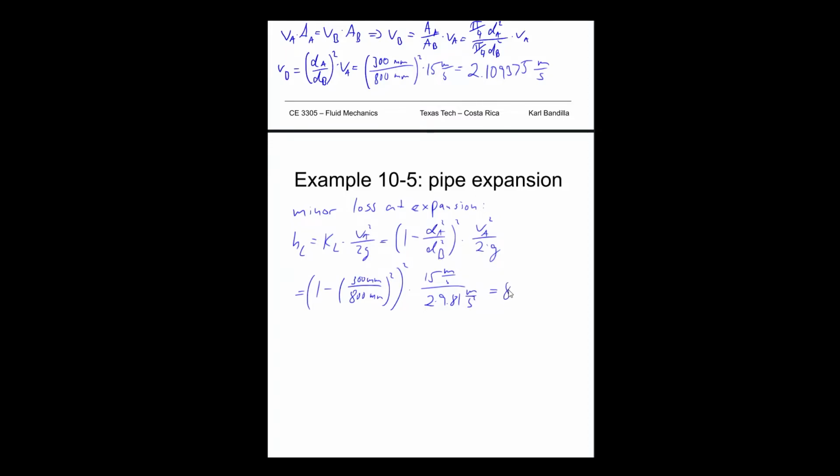That gives us 8.46938 meters of head loss. That's quite a chunk.